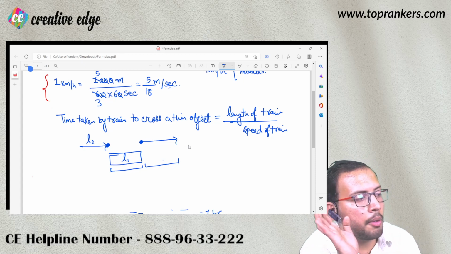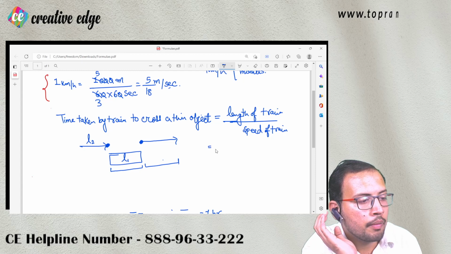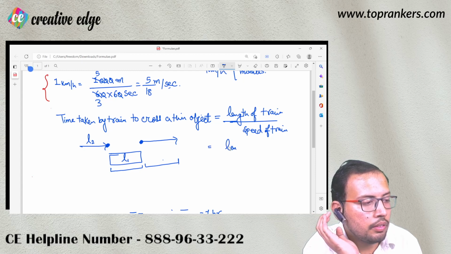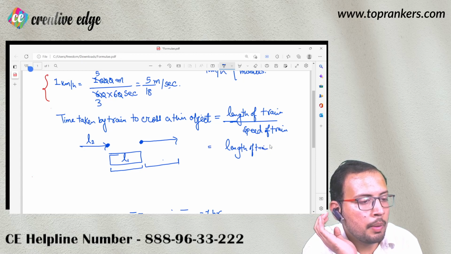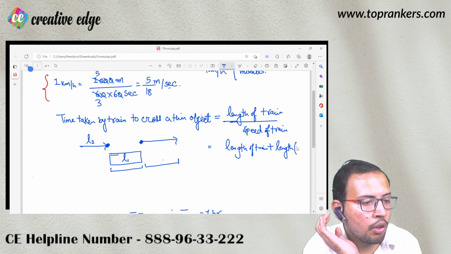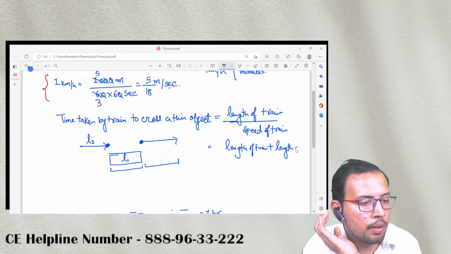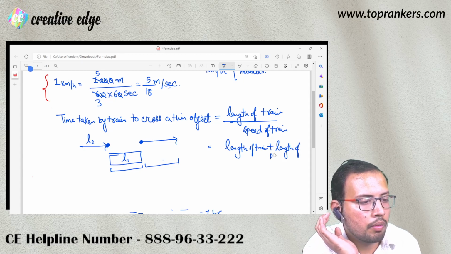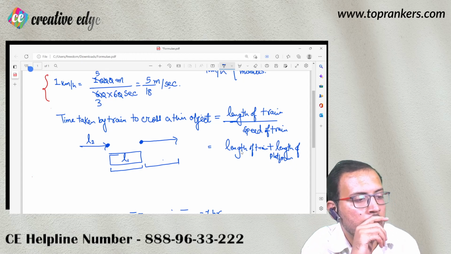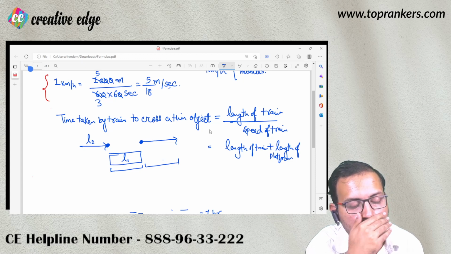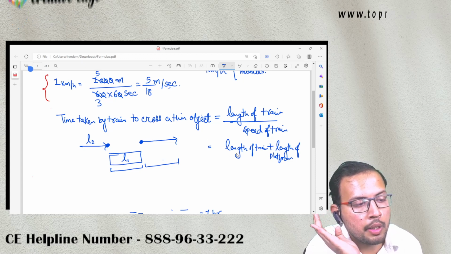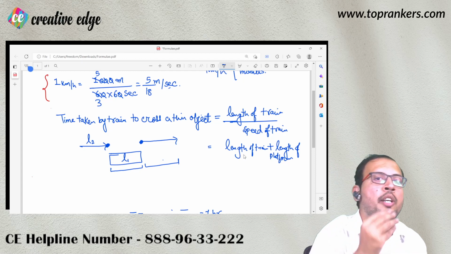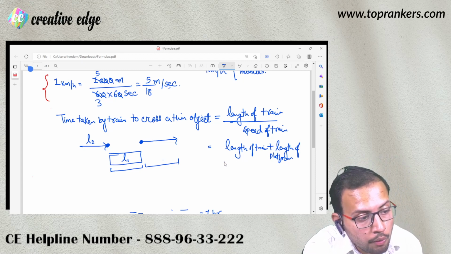That means the distance covered by train is going to be length of train plus length of platform. तो मैं शॉर्ट में लिख रहा हूं लेंथ ऑफ प्लेटफॉर्म. ये चलिए पूरा ही लिख रहा हूं, लेंथ ऑफ प्लेटफॉर्म. समझिएगा सभी लोग. So this is going to be the distance covered by your train. Now we wish to find out time. So time is going to be distance. This is the distance. This time the distance is length of train plus length of platform upon speed of train.